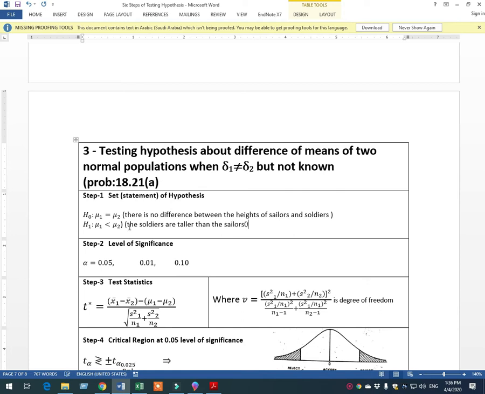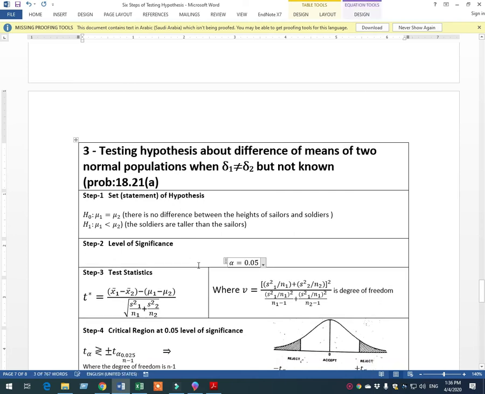So this is our alternative hypothesis. The test would obviously be at 5%. I'll be selecting this 5%.